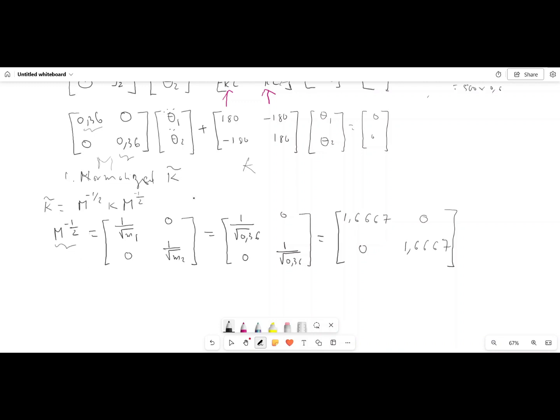Now you have already solved for this. Now what is next? Now you are doing matrix multiplication. This is basically math, guys. So what we'll be doing here, Mr. Kabilo, like I said, we have to be able to identify K. We know that K is 180, minus 180, minus 180, 180. Sorry about my writing there.